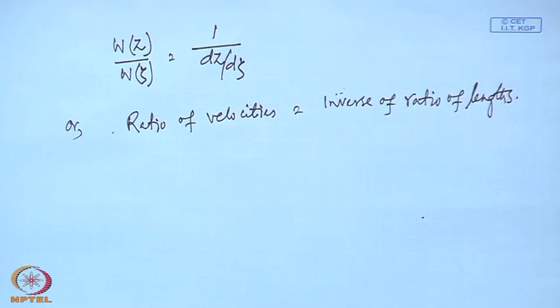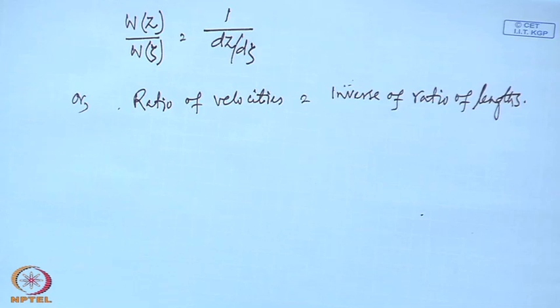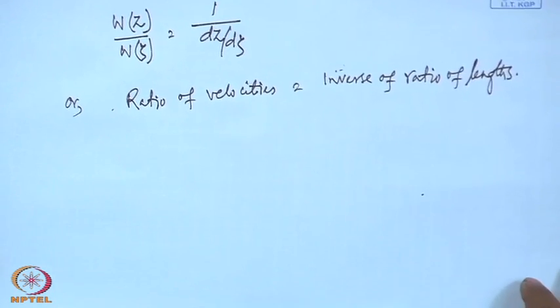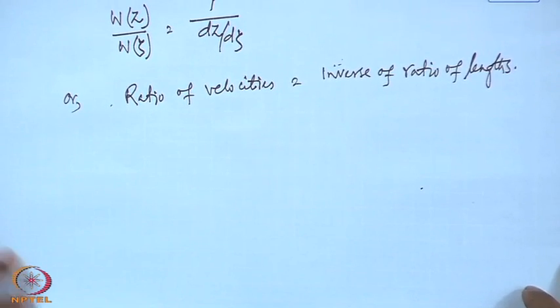The flow field is of course obvious once we apply the transformation, but I think we do not have time. So, we will stop here today and continue this tomorrow.